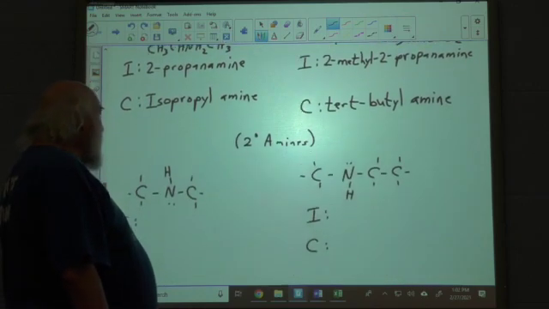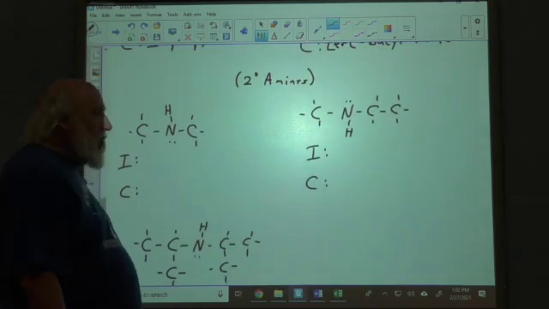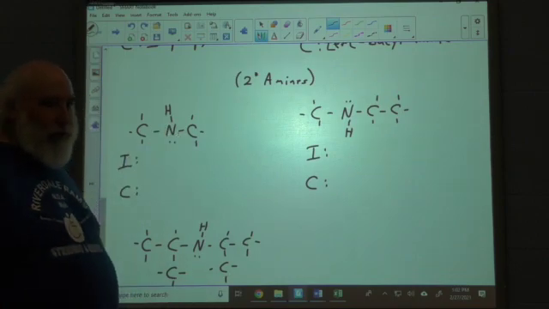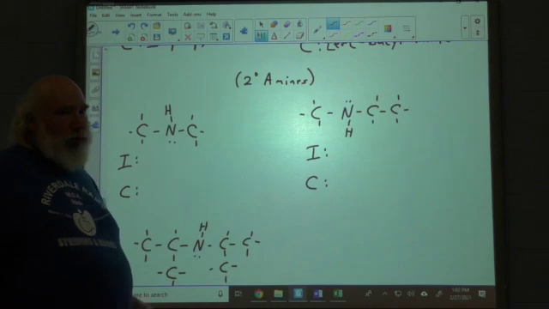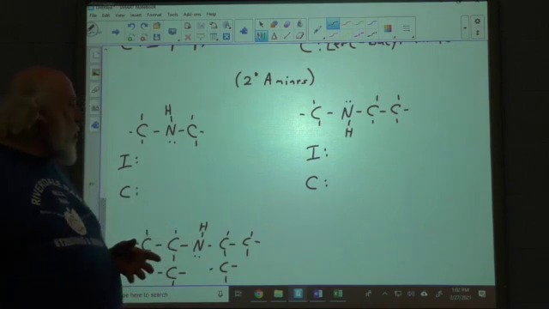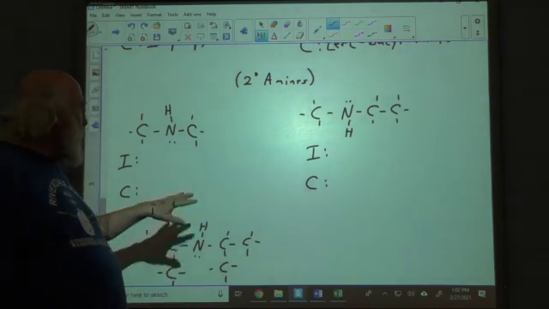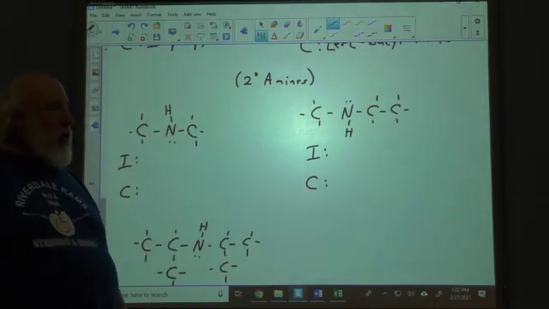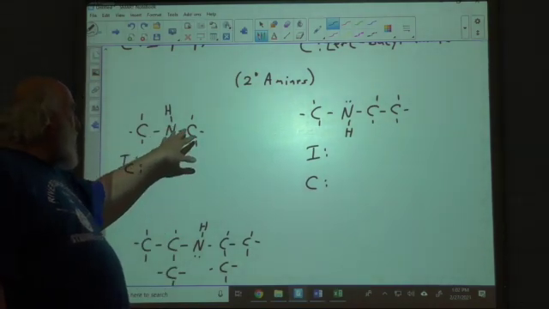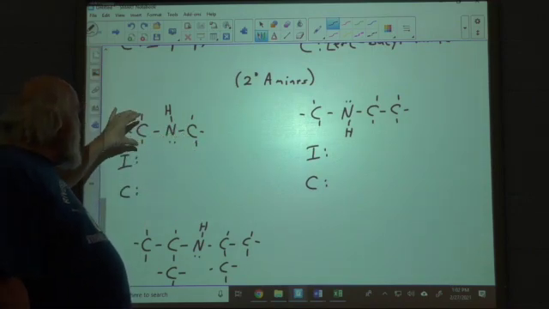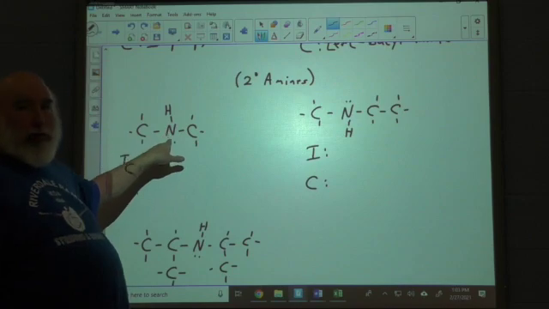Now, let's take a look at the secondary. Secondary means that the nitrogen is bonded to 2 different carbons. Now, this is where things get a little bit different, okay? The longest continuous chain of carbons here is only 1 because each carbon is separated by a nitrogen. So this is a methanamine. But we have a methyl group attached to the nitrogen.